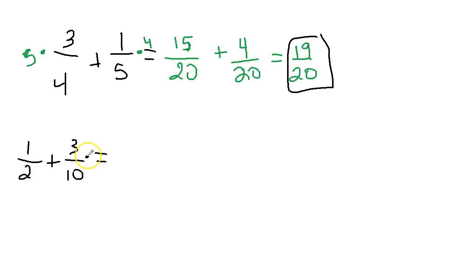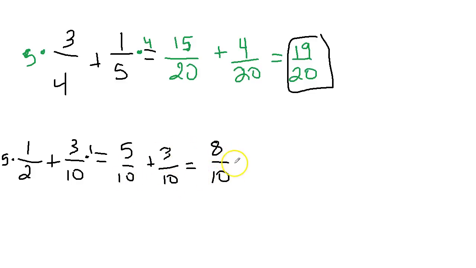So we're going to multiply that by 1, and we're going to multiply this by 5 to make 10. So that equals 5 over 10 plus 3 over 10, right? Which then equals 8 over 10, because we kept the same denominators and added the numerators.